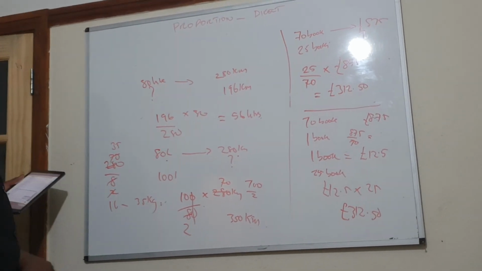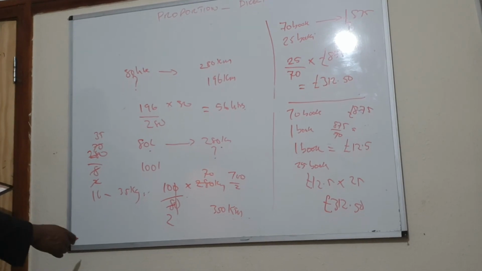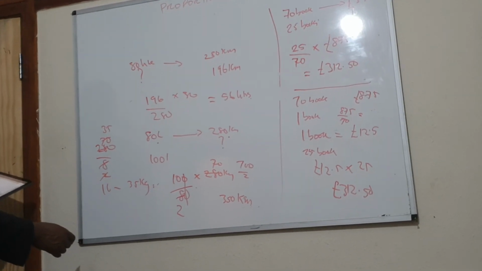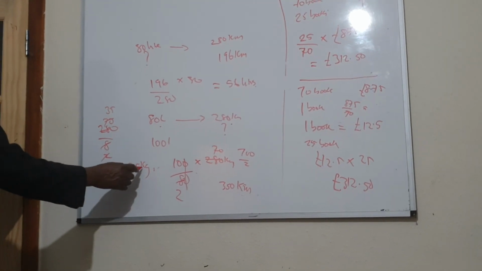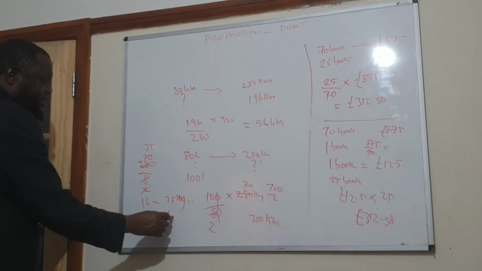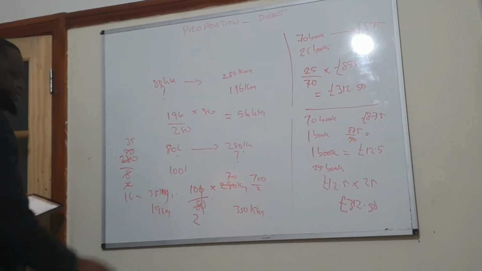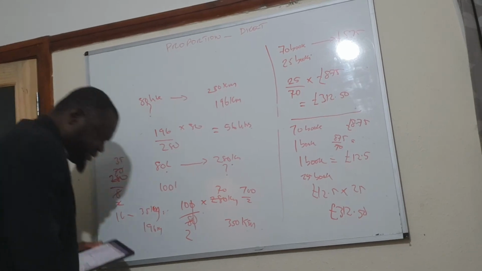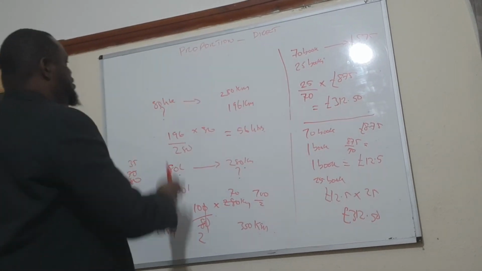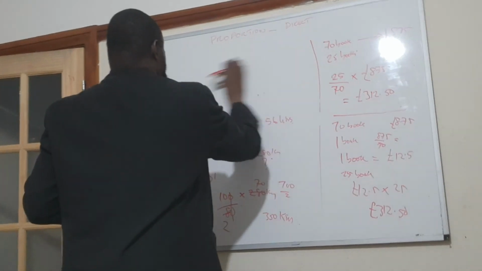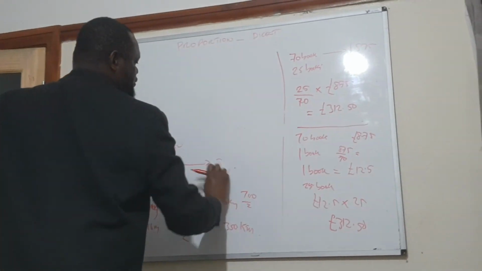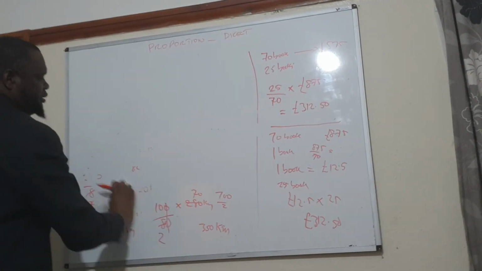So any other liter they ask, you can find it. What about 196 kilometers? You just multiply. So this is called direct proportion.